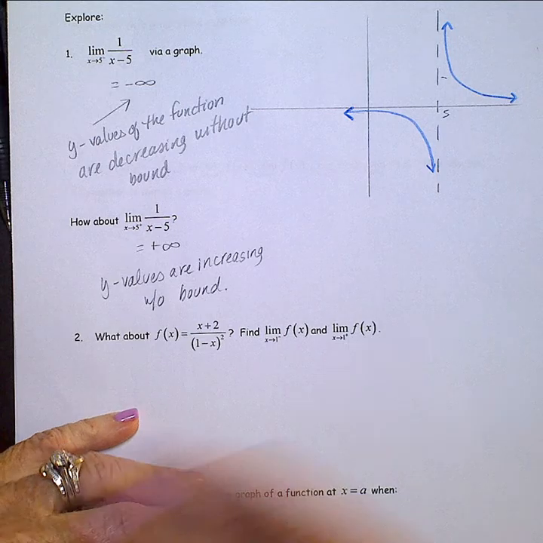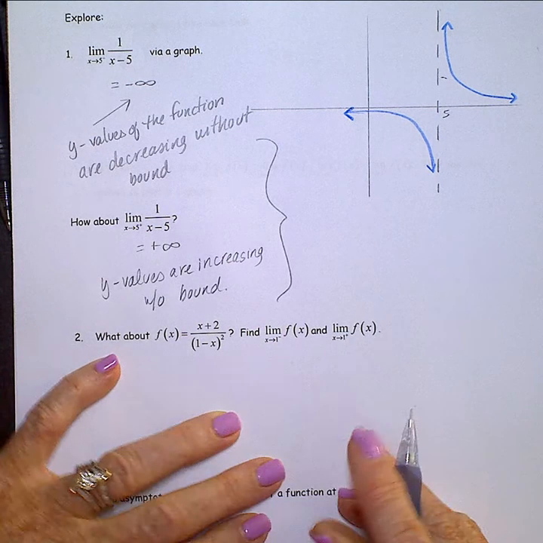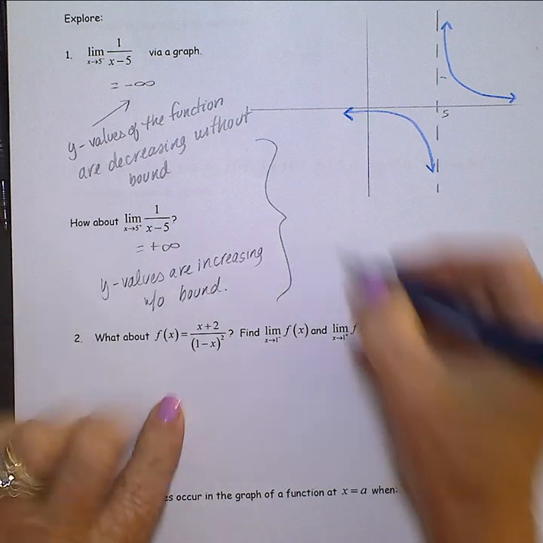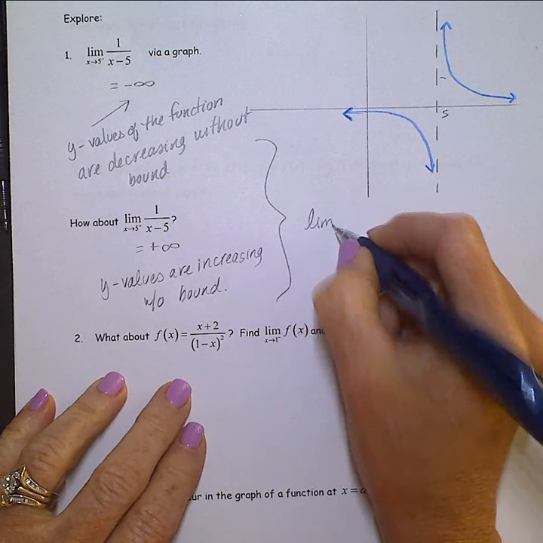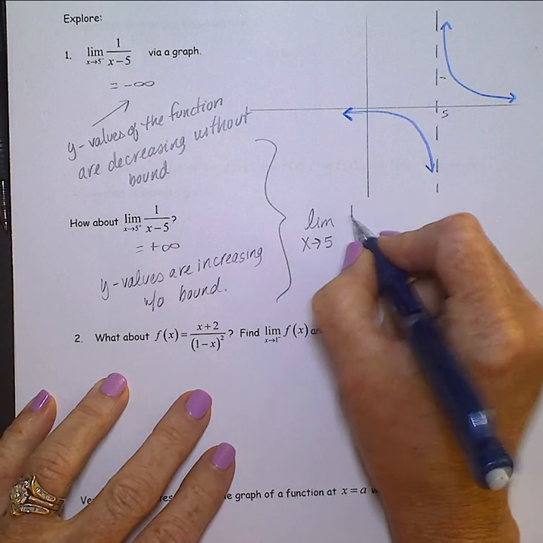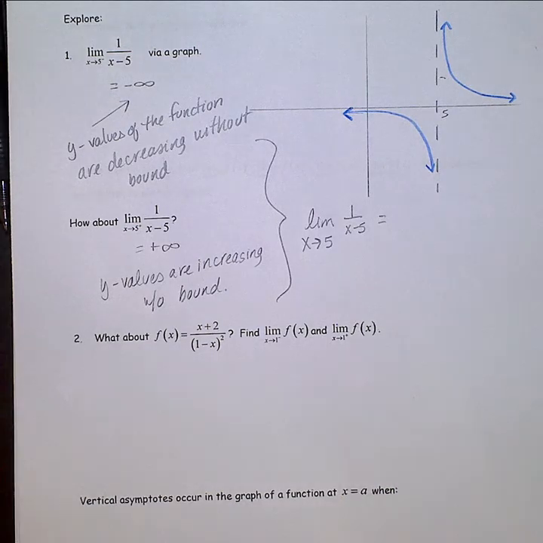Okay, from these two together, the limit from the left side of 5 versus the limit from the right side of 5, what can you tell me about the limit as x approaches 5 in general of 1 over x minus 5? Are they going the same direction?